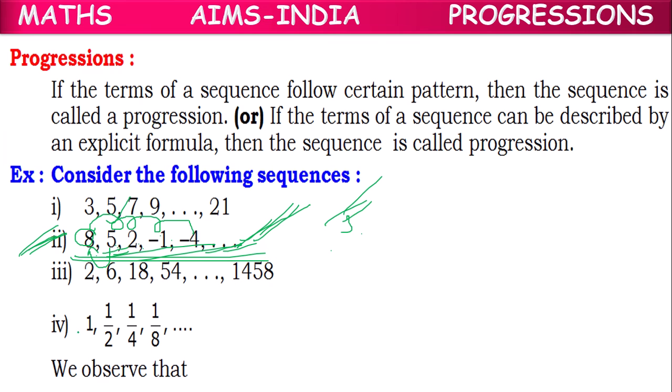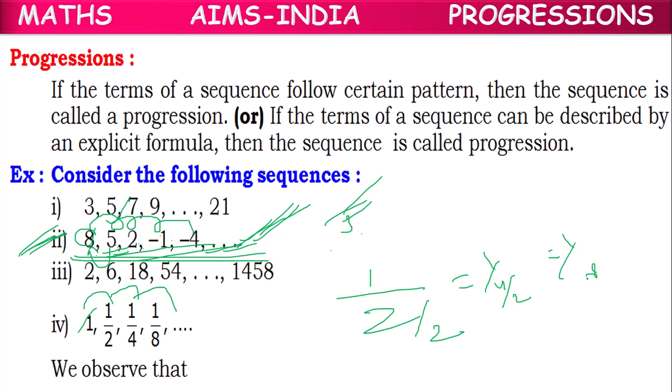Fourth one, 1, 1 by 2, 1 by 4, 1 by 8. 1 when divided by 2 will become 1 by 2. 1 by 2 when again divided by 2 will become 1 by 4. When divided by 2, it will become 1 by 8. So here, each term except the first term is obtained by dividing its preceding term by 2.